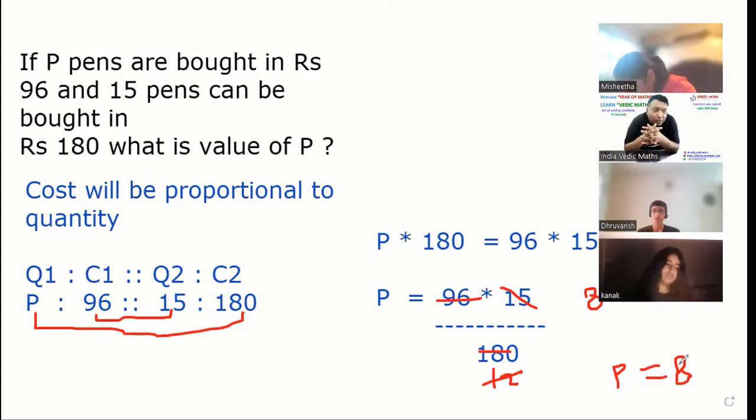But before the rule of proportion, you have to make the equation like Q1, C1, Q2, C2. Cool. Is everyone clear about this? Yes, sir. Perfect. Do you want me to give one more question of my own like this, or it's okay? What do you think, guys? Is everyone okay, or shall I give one more example?